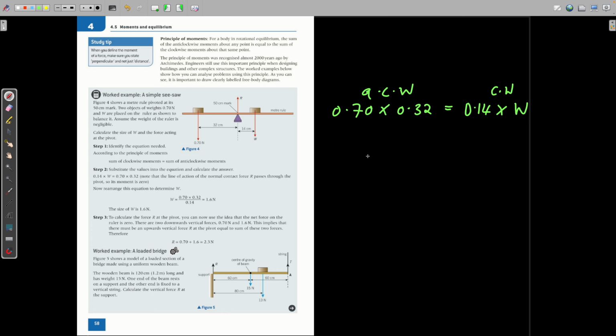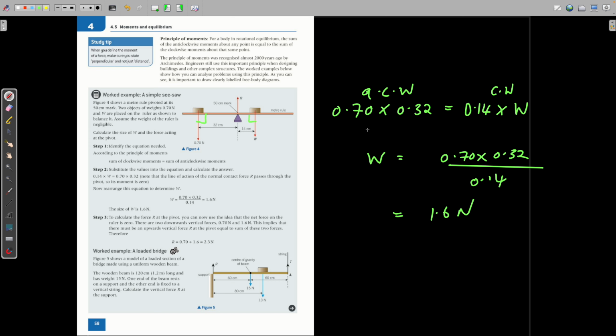Then you could just rearrange this. So W, the weight, is 0.7 times 0.32 over 0.14, and you get the weight as being 1.6 newtons. Quite straightforward. These are all quite easy because there's no angles, it's all perpendicular.